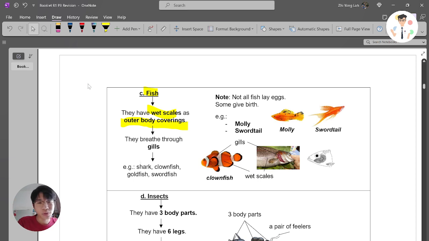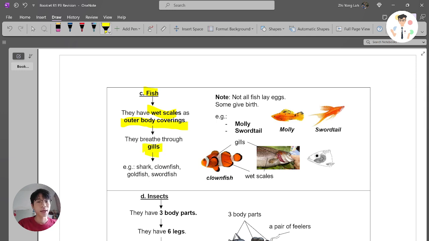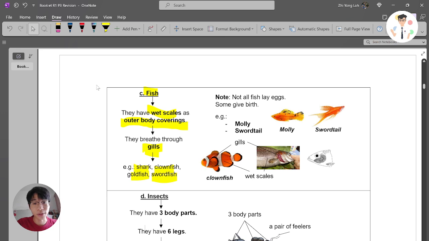And one very good characteristic you should know about fish is that they breathe through gills. Some examples here are shark, clownfish, goldfish, and swordfish. As you can see, I have an example here. This is the gill, okay? I've actually given you a black and white picture here. This is the gills, and this is the wet scales.